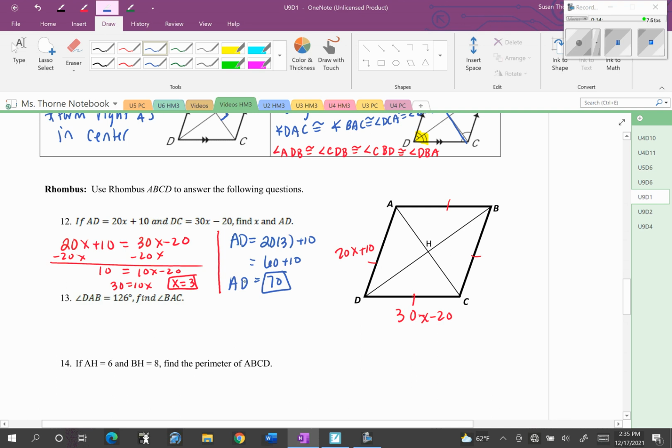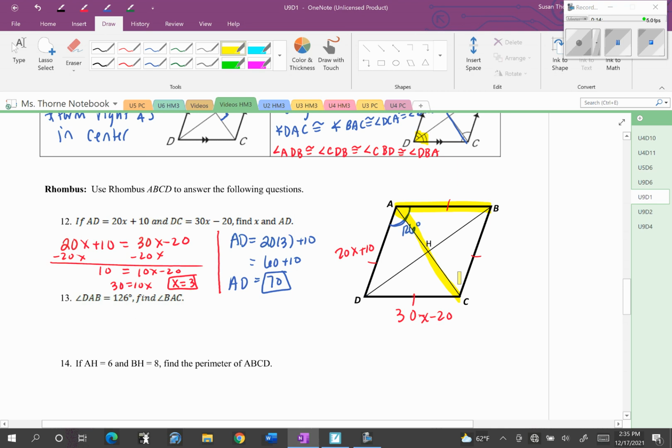The next one says angle DAB, so D to A to B would be this angle here, is 126 degrees. Find BAC, so we want to find this angle right here.